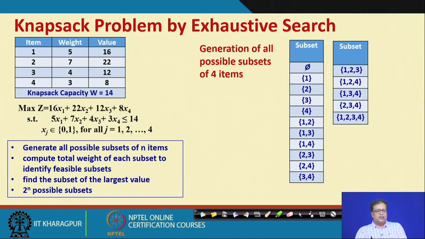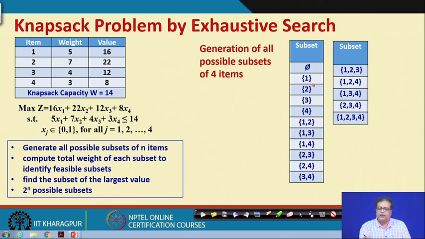So, let us see what are some possible generations. Look here, these are the generations. First of all, you can have the null set, then you can take only 1, only 2, only 3 or only 4, then we can take combinations like 1 and 2, 1 and 3, 1 and 4, 2 and 3, 2 and 4 and then 3 and 4, right, 6 combinations.